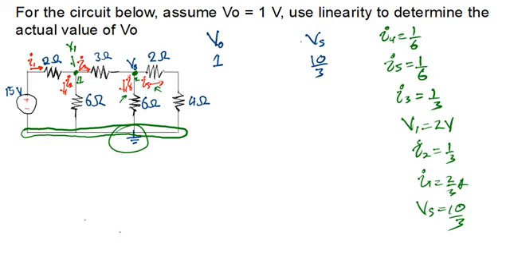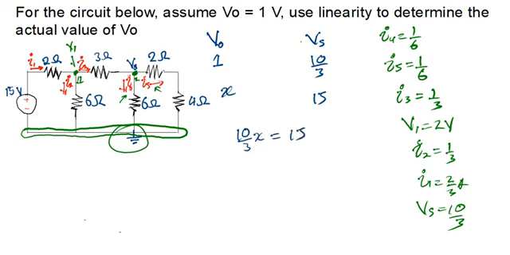But we want to find what the actual VO is when the supply voltage isn't 10 over 3, but it is 15. So here it's more like you're saying it's X. So what you do here is you say 10 over 3 X is equal to 15.